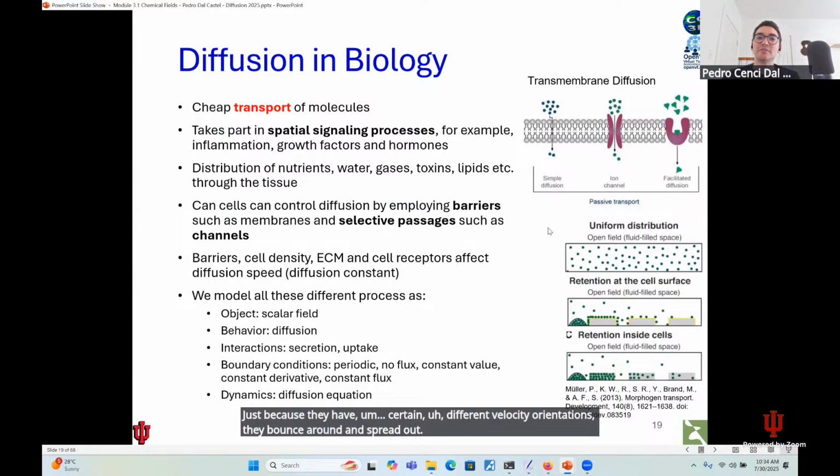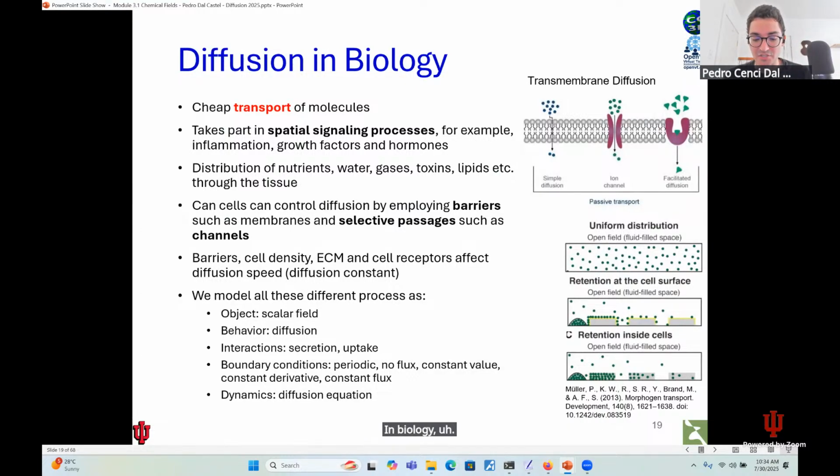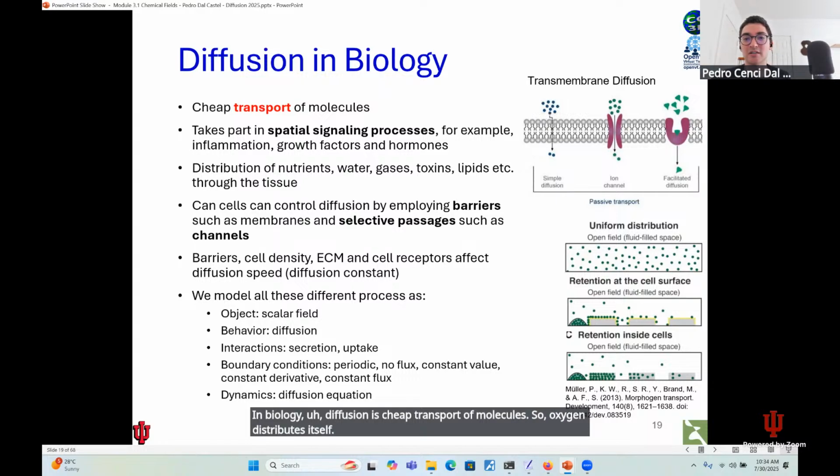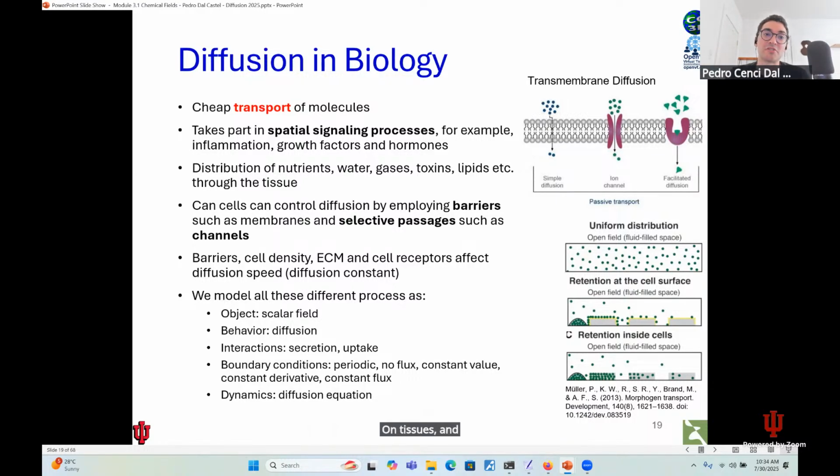In biology, diffusion is cheap transport of molecules. So oxygen distributes itself on tissues, and there is no need for a specific cell or a specific molecule to transport oxygen around. Of course, in the blood that happens, but that is because it's a long distance travel.